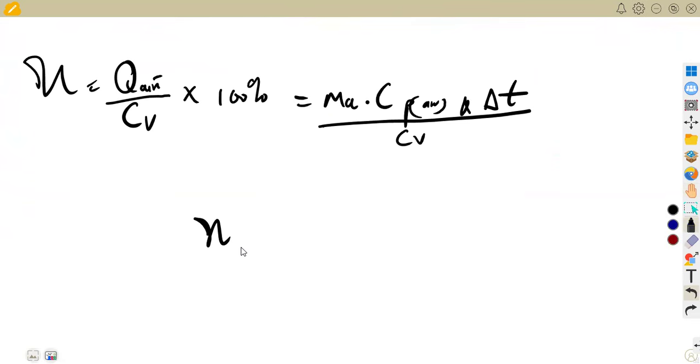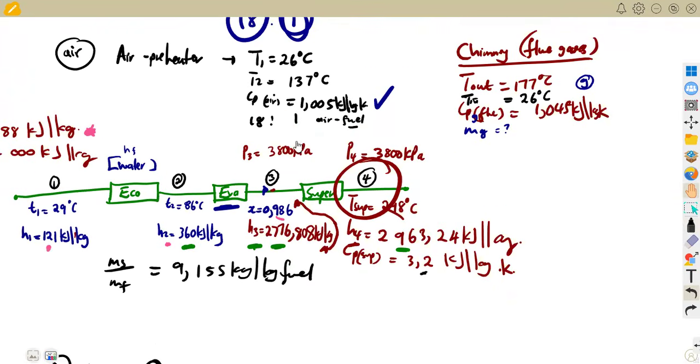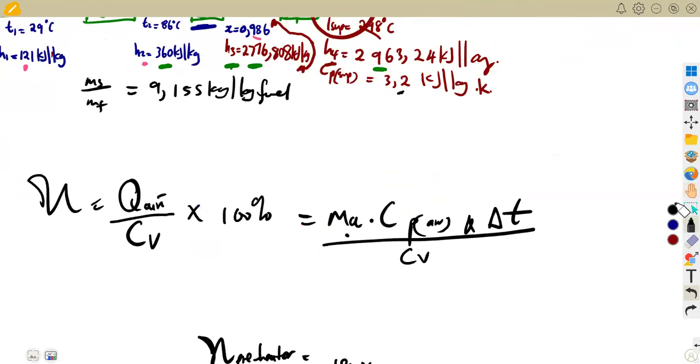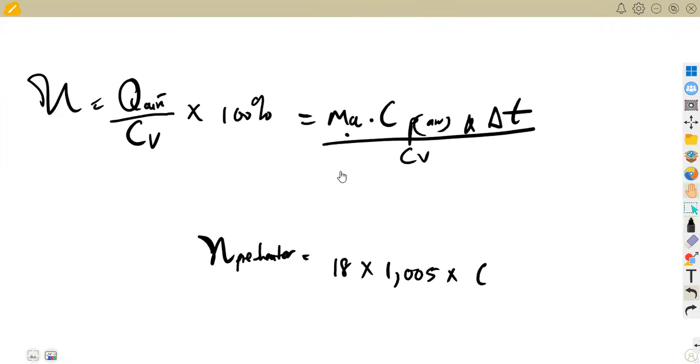So our thermal efficiency, this is for the preheater, it's going to be the mass of air, as we saw, 18. The specific heat capacity for air, not for any other thing, because there are so many specific heat capacities, but the one for air, 1,005, times the change in temperature, that will be T out minus T in.